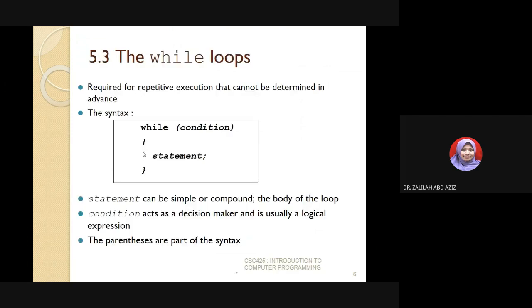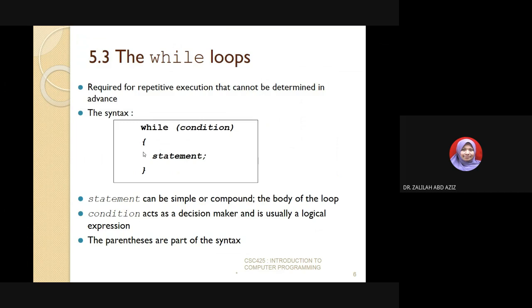Alright, so we have looked into nested loop. Now kita akan go to the second type of loop statement, that is the while loop. While loop is required for repetitive execution that cannot be determined in advance. Kalau macam for loop tu, we already know that if the condition is less than 3, for example, dia hanya nak buat 3 kali saja. 0, 1, 2.